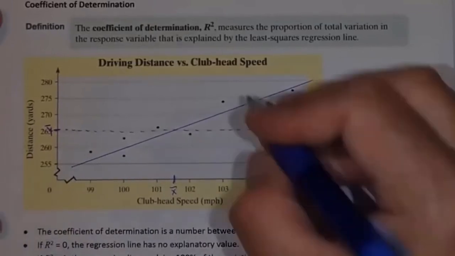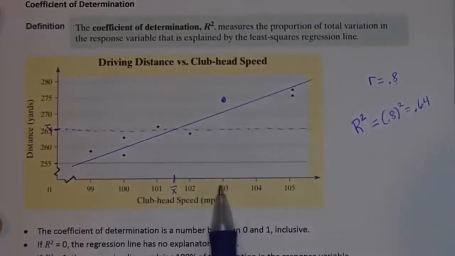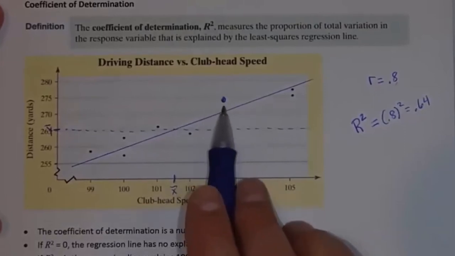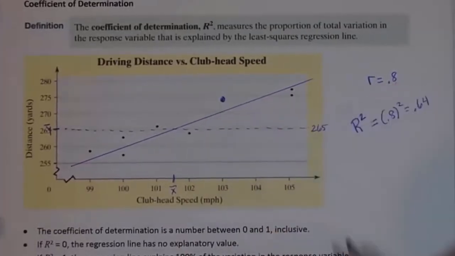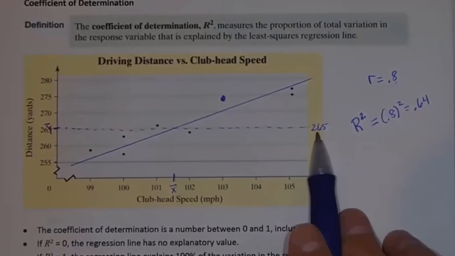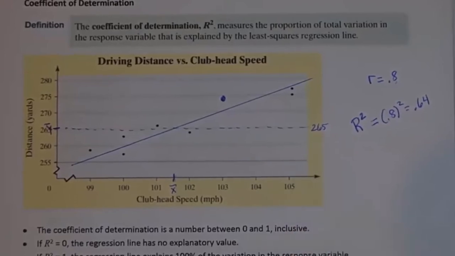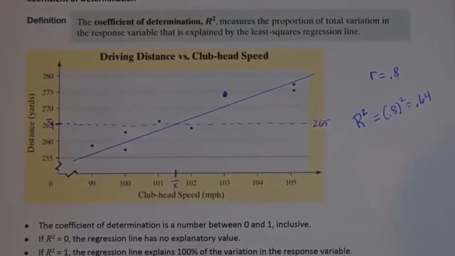And I'm going to consider this point right here. Look at that point right there. Now, that's when we swung the golf club 103 miles per hour, and the ball traveled like 274 yards. Now, again, pretend that Y bar is 265. That was the average distance that the ball traveled. Now, I would only expect the ball to actually travel 265 yards, if that's the average, if I'm swinging the average speed.